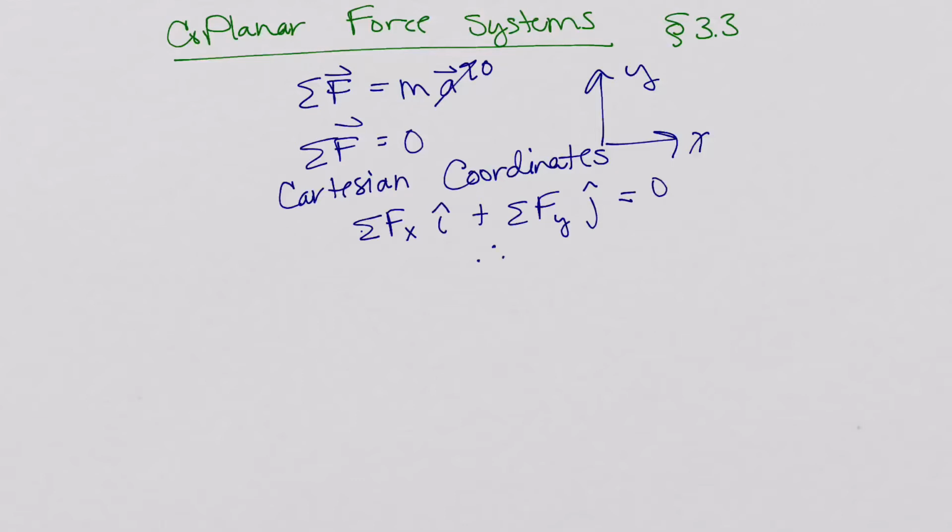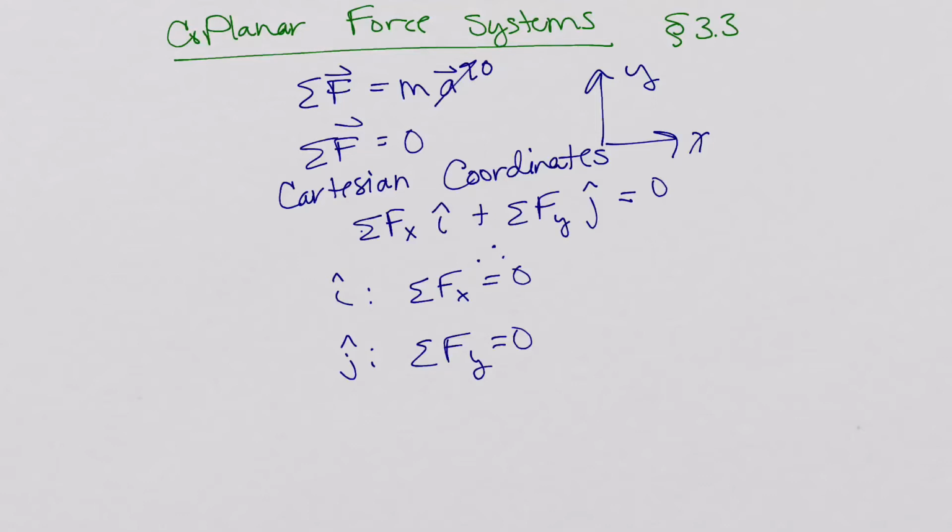And so because we know that, we can separate the i's and the j's. And we basically get sum of the forces in the X direction equals 0, and the sum of the forces in the Y direction equals 0. So that's basically it with a coplanar force system. So we're sort of building up to this. I think this is a pretty easy next step from the previous one.